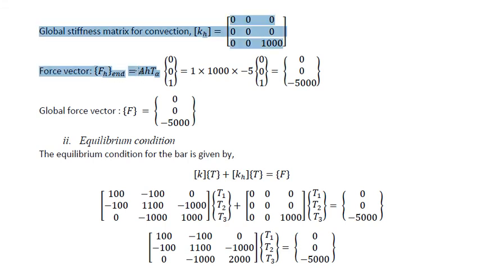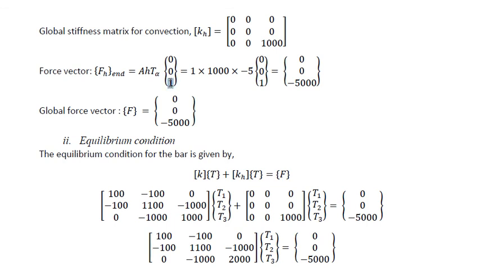A is not the surface area, it is the cross sectional area. H is the convective coefficient, and T alpha is the temperature of the surroundings, multiplied by [0 0 1]. Since I am taking it globally, it is [0 0 1] for both elements. Since the right end is subjected to convection, I am writing 1 here.